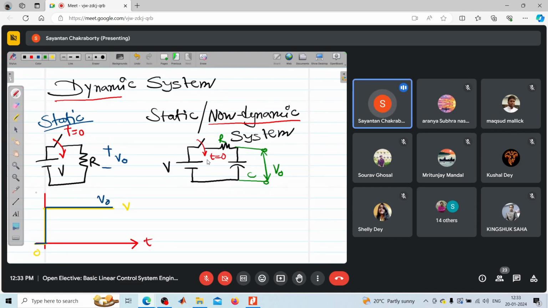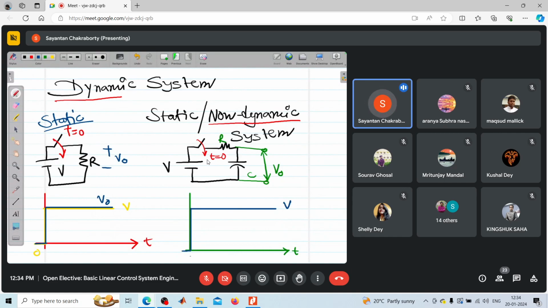So in that case, the input will be something like this, but our output follows the input.